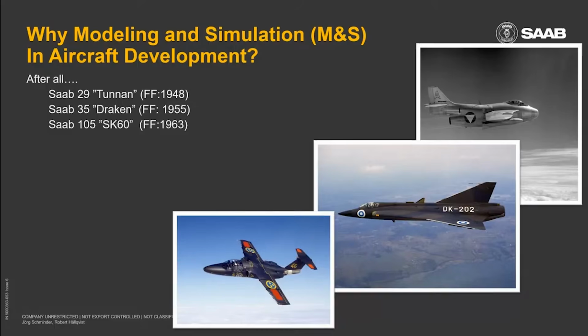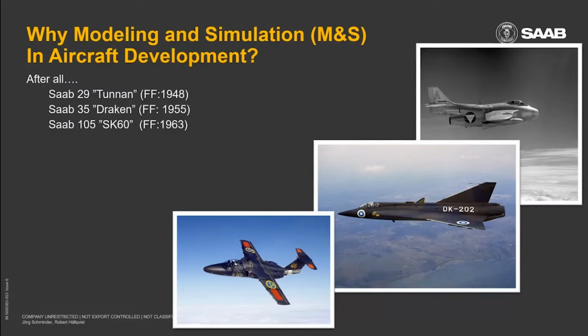In the middle, we have my personal, at least aesthetically, favorite aircraft, the Saab 35 Draken or Dragon. And we have the trainer aircraft, the Saab 105 at the bottom. This Draken aircraft, according to the myth or an anecdote, did not have a top speed. It would simply accelerate until it ran out of fuel.